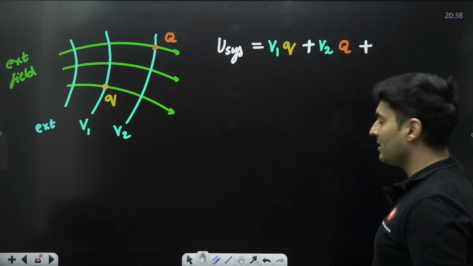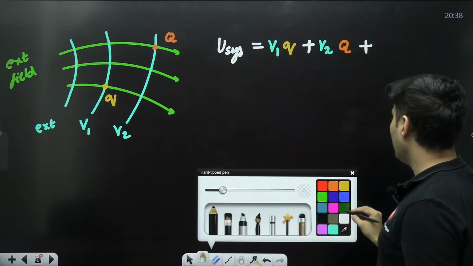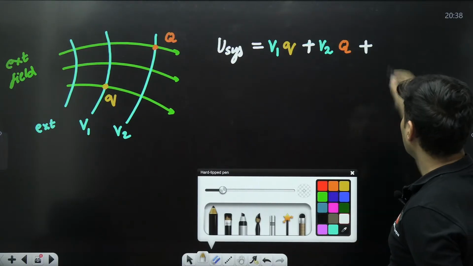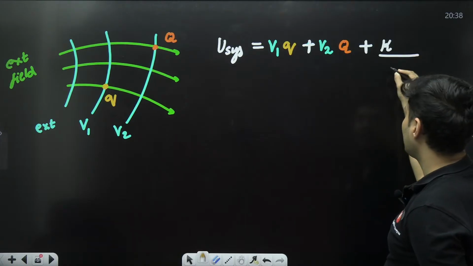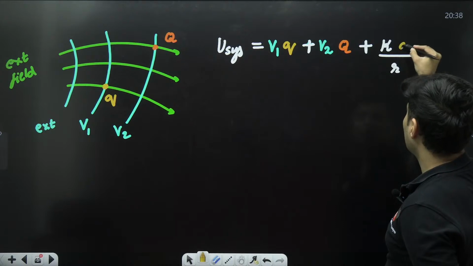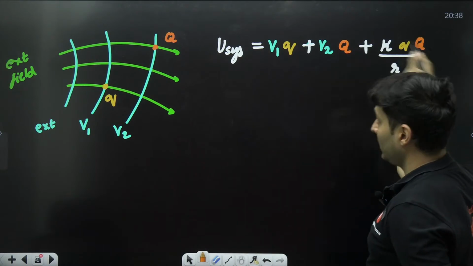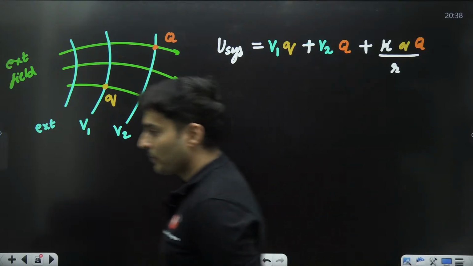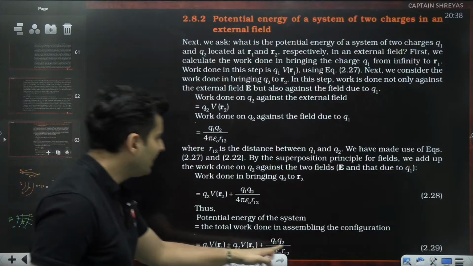What is that last term? Potential energy between both of them. Hence, I will put over here K Q Q divided by the distance between them, whatever it is. So I'll just put Q into Q over here. This is the total potential energy of the system. That is what this statement is.